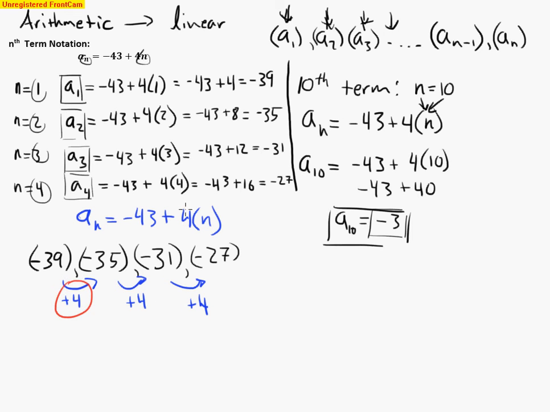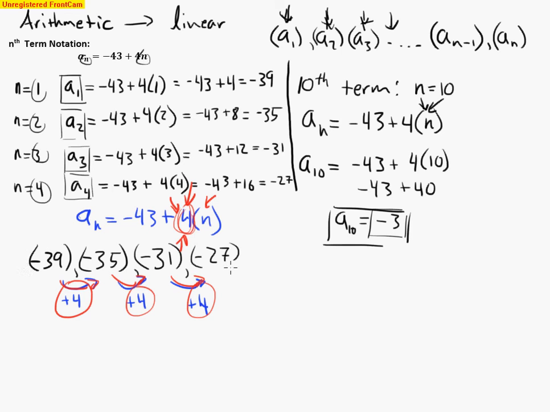This 4, this 4, this 4. So the term right here is controlling my growth. And once you know that, all you'd have to do is plug in 1 and then make it grow by 4. Make it grow by 4. Make it grow by 4.